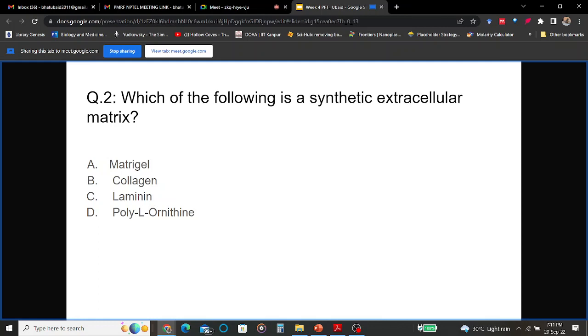So it's a synthetic extracellular matrix, and it mimics properties of the extracellular matrix, like some biochemical and biophysical properties. It has also been conjugated with other molecules like laminin, and it is used for neural cell differentiation or neural cell attachment.